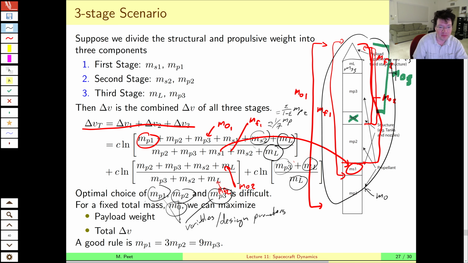Given that fixed weight, we can either optimize the payload for a given delta V, or we can optimize the total delta V for a given payload.